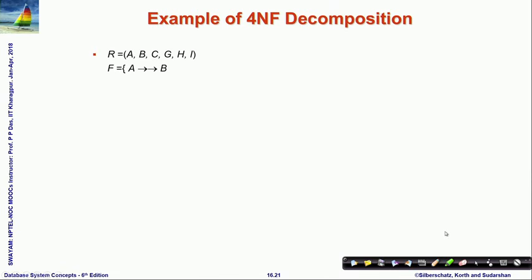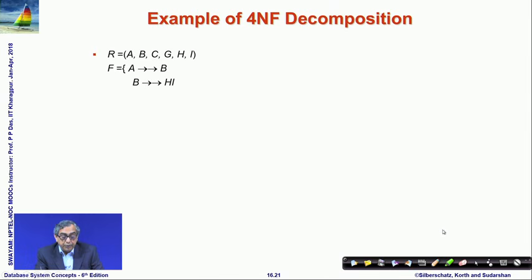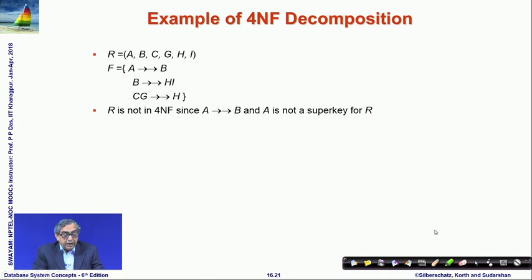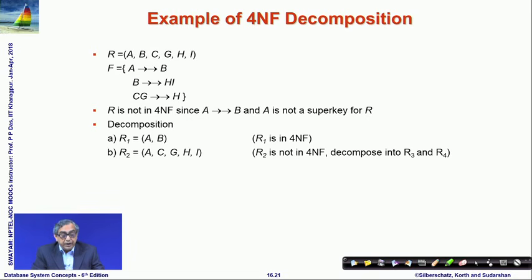Here is a little more elaborate one. Again, I have worked through the steps. There are three multivalued dependencies, and you can see that A multi-determining B does not hold the condition of 4NF. So, you decompose, get R1 which is in 4NF and the remaining R2 which is not in 4NF.